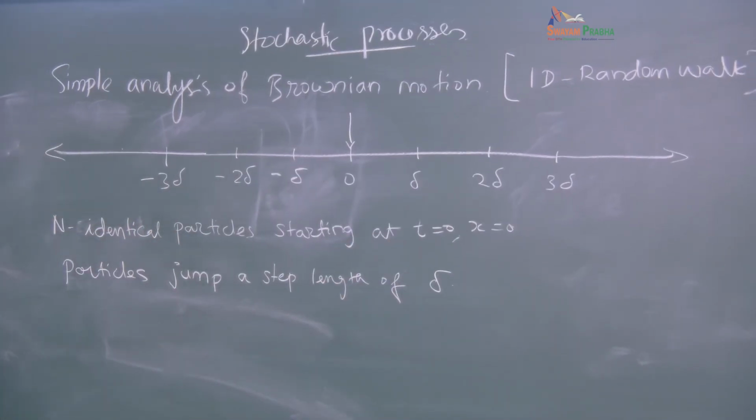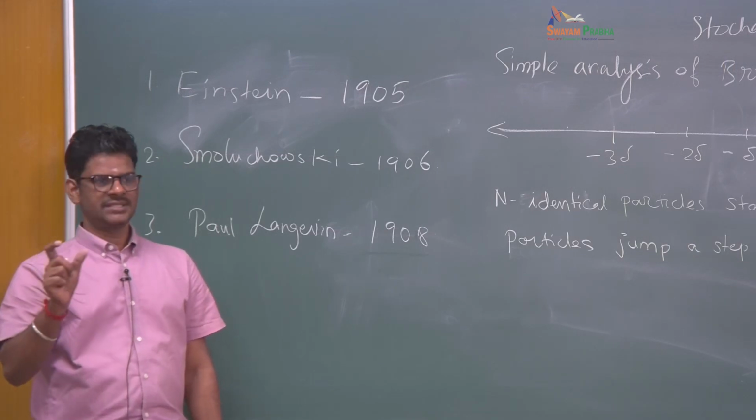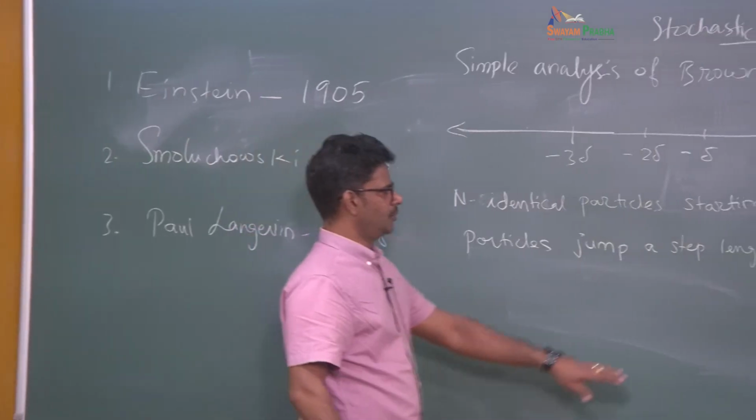I am giving a rule for the motion. I am saying that each particle can only, at a given time, take a jump of delta. They can't go 2 delta, they cannot take half delta steps. I am specifying the step jump to be delta.